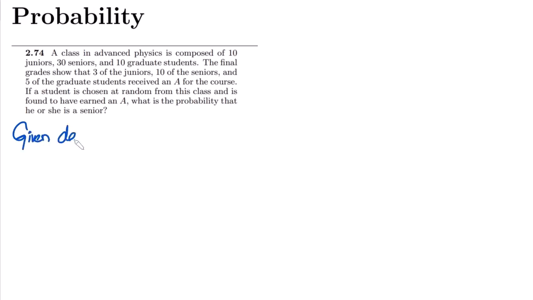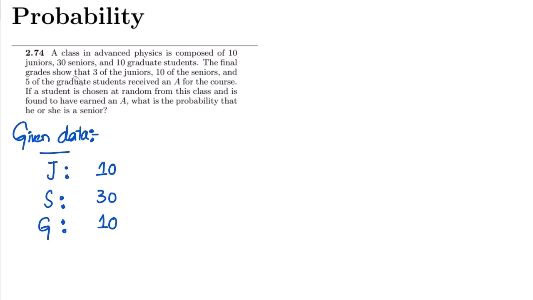In the advanced physics class, there are 10 junior students, 30 senior students, and 10 graduate students. So this is the data for the number of students in a class.